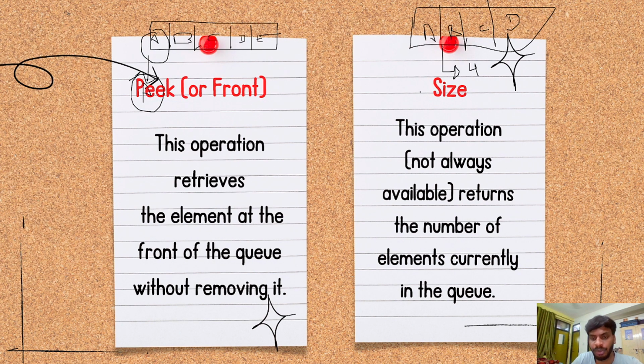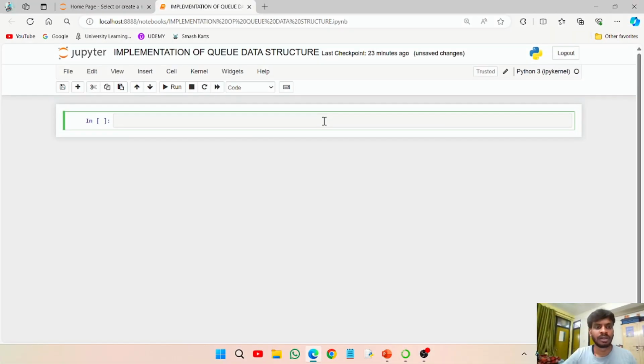So these were all the operations of the queue. So we are now aware of the basic operations and the introduction of the queue. So now let's implement these operations in our code. Starting with the code, first we will take the class name Queue.